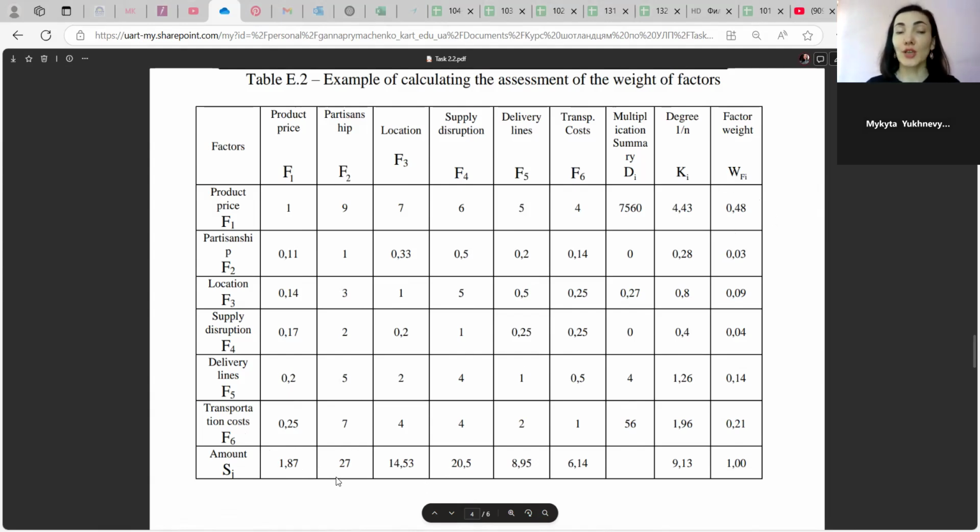So you write: P is equal to 1.87 multiplied by 0.48, plus 27, which is S for the second factor, multiplied by 0.03, plus 14.53 multiplied by 0.09, and continue for all 6 factors.